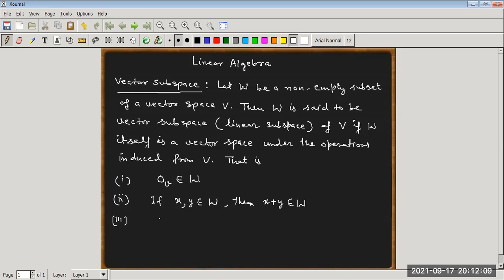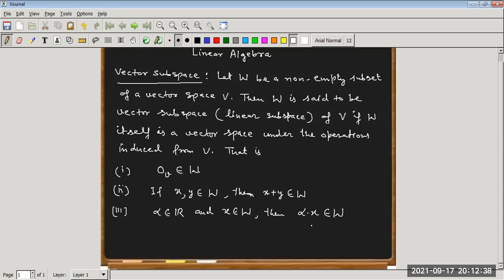Third, if alpha belongs to the field, here we take the field to be the set of real numbers, and x belongs to W, then alpha dot x also belongs to W. That is scalar multiplication; it is closed under scalar multiplication.